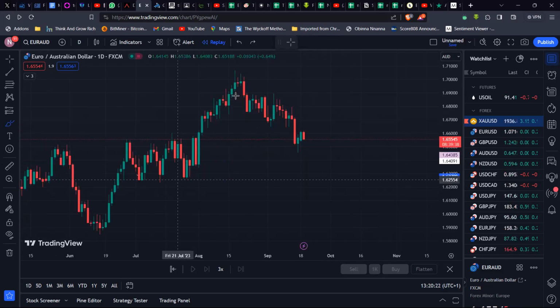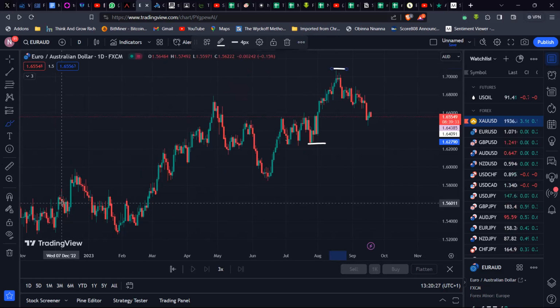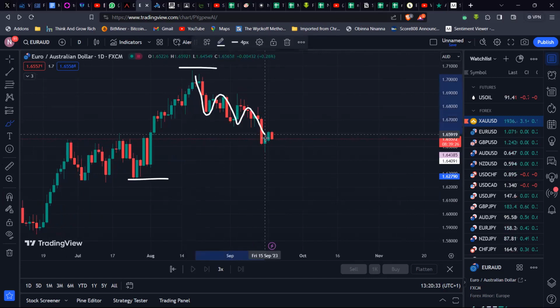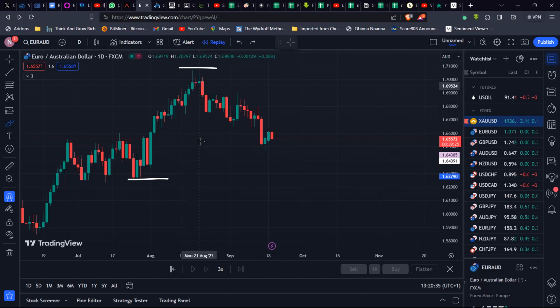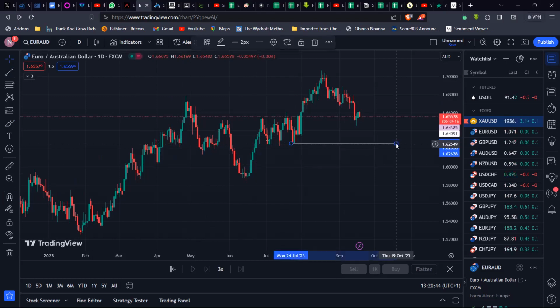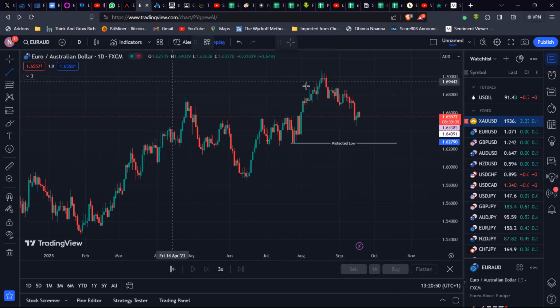The whole move is bullish. However, the current intermediate structure is bearish. If I was looking at this, then probably go down. So I'll have this as my protected low, and this as my liquidity target.